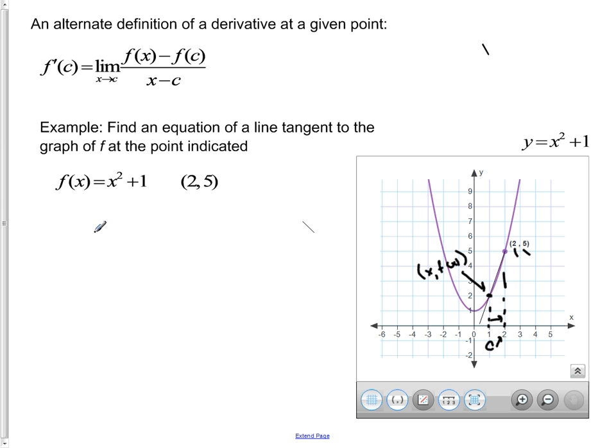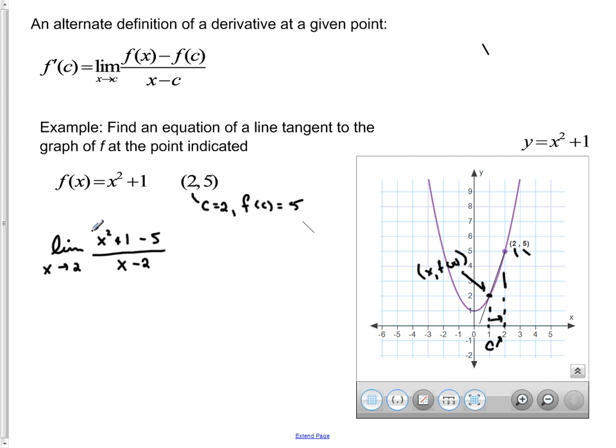So all we would really have to do in this process is say, all right, at c equals 2, we're going to say f of c is equal to 5, because f of 2 is equal to 5. And let's make the substitution into this expression. So our limit right here, as x approaches 2, is going to be f of x, which is x squared plus 1 minus 5, all divided by x minus 2.